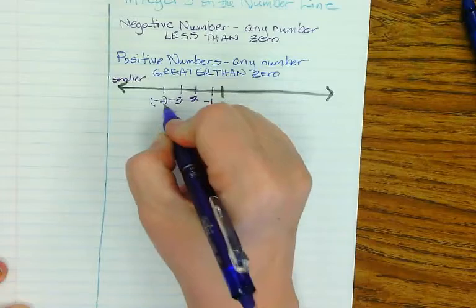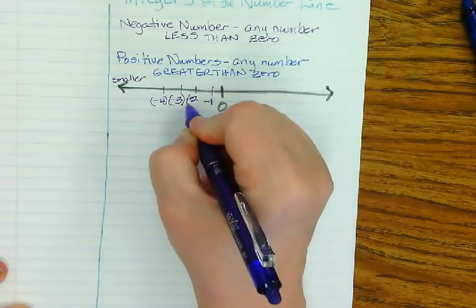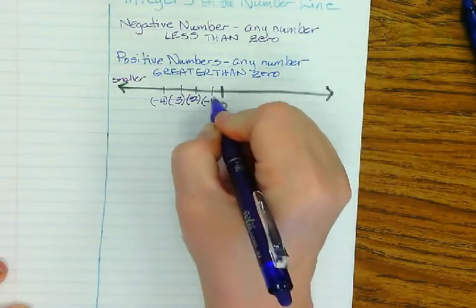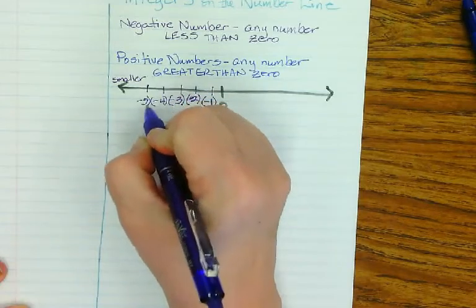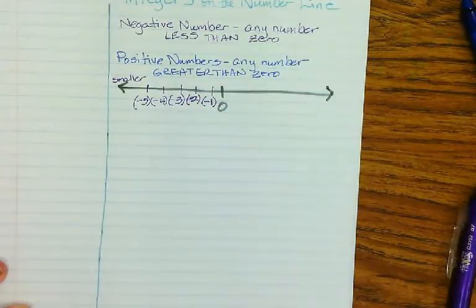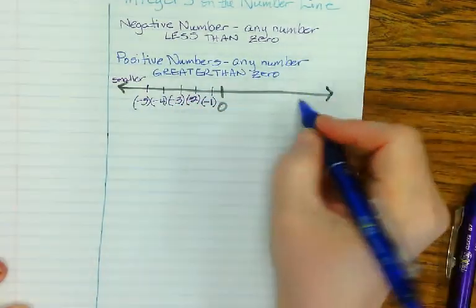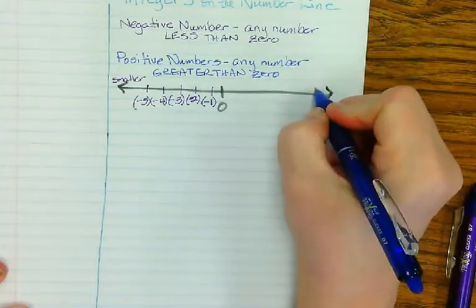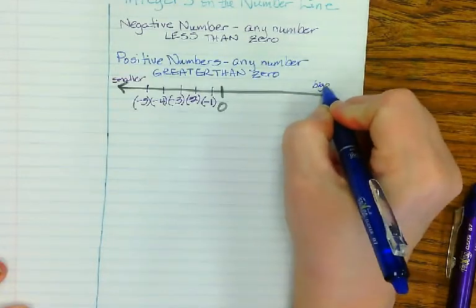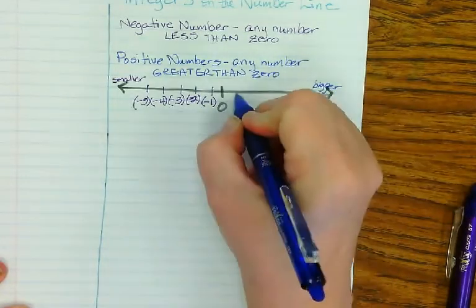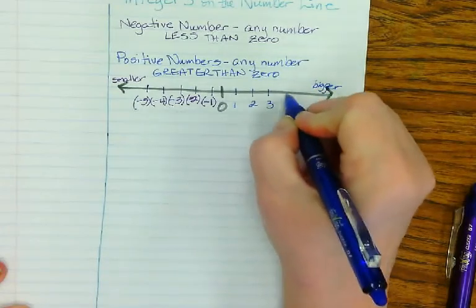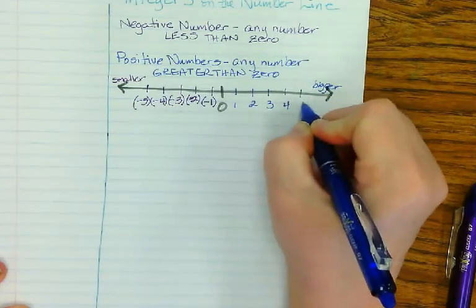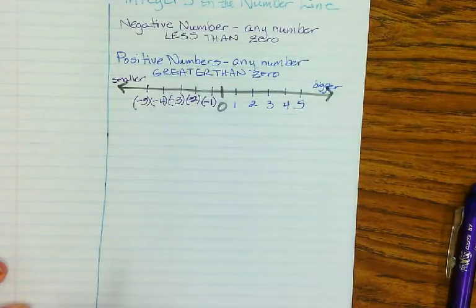I'm going to put a little parentheses around so you don't think I'm subtracting. It's -1, -2, -3, -4, -5. Okay? And on this side, these are the positives, and they're getting bigger because they're bigger than 0. 1, 2, 3, 4, 5, and it just keeps going.